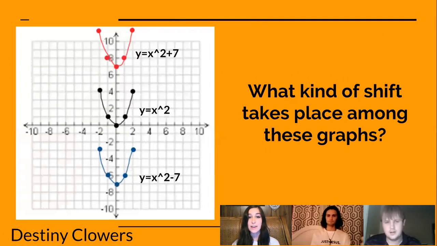You can see that the graphs are either moving up or down along the y-axis. We know from past knowledge that the x-axis moves horizontally while the y-axis moves vertically. Therefore, these graphs are vertical shifts of the exact same curve.